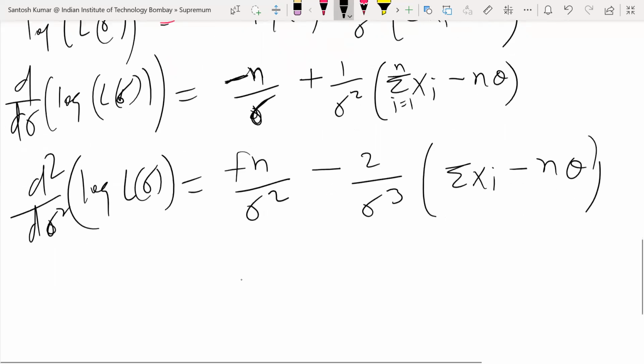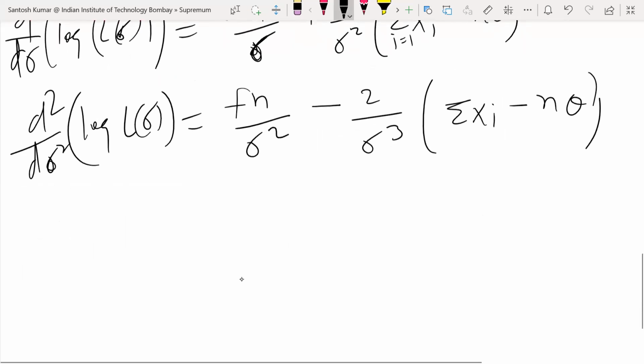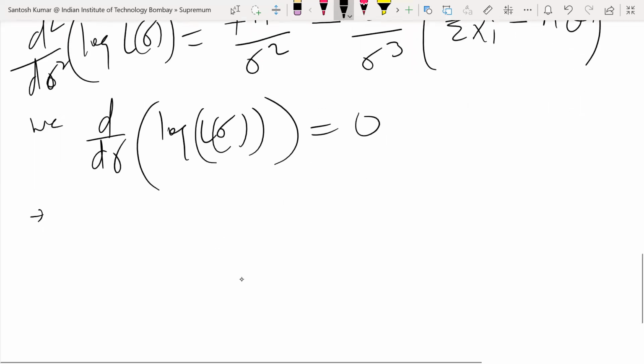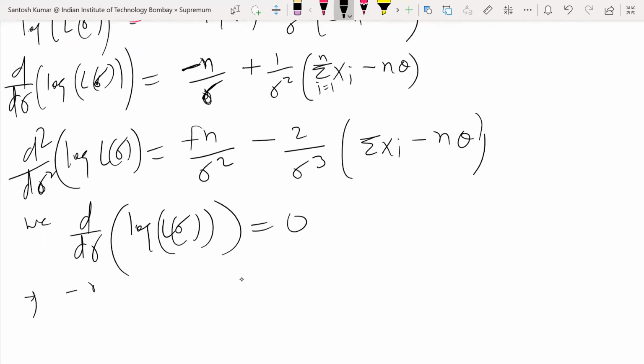Okay, so for the maximum or minimum, what we do is put the first derivative equal to 0. So what was this? It's minus n upon sigma plus 1 by sigma square summation xi minus n theta.